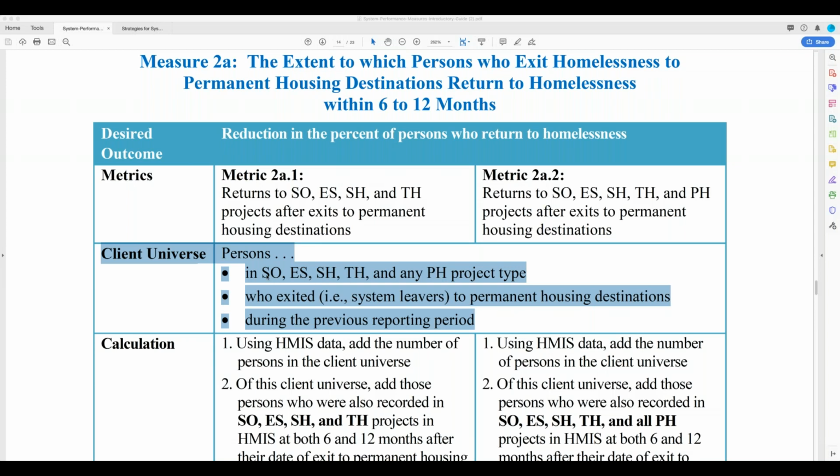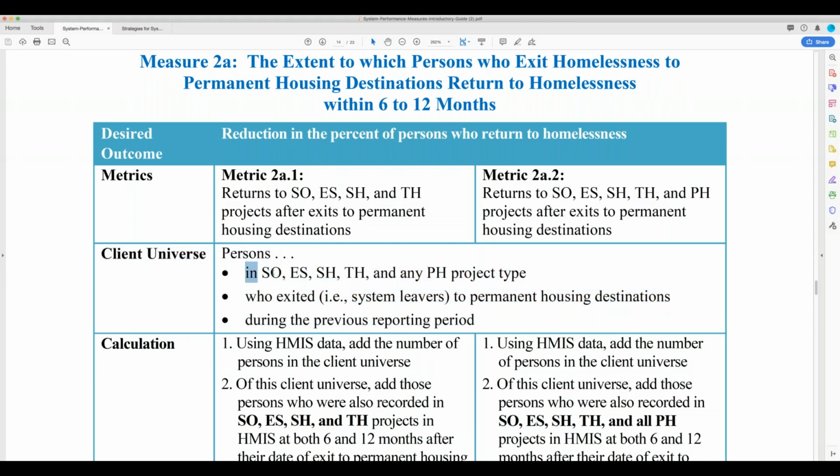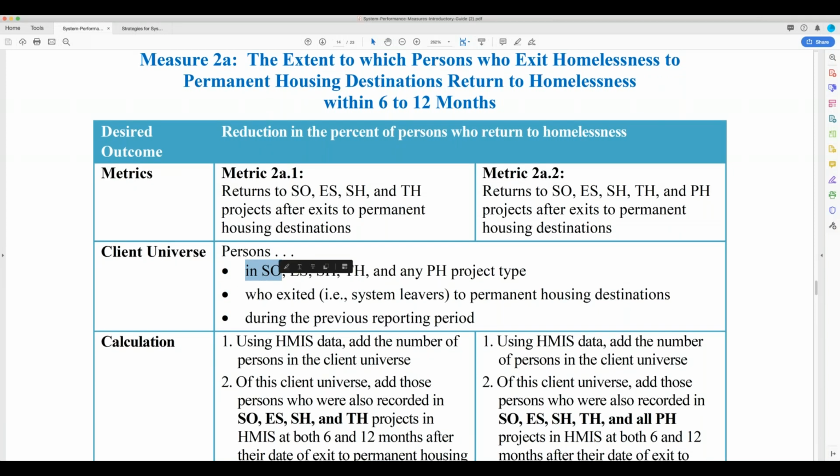So it doesn't matter if you're CoC funded or non-CoC funded, it makes the same impact. For instance, in street outreach, we have one CoC funded program called Step Off the Street, so that program is included in this metric, but also the PATH Street Outreach program is included.